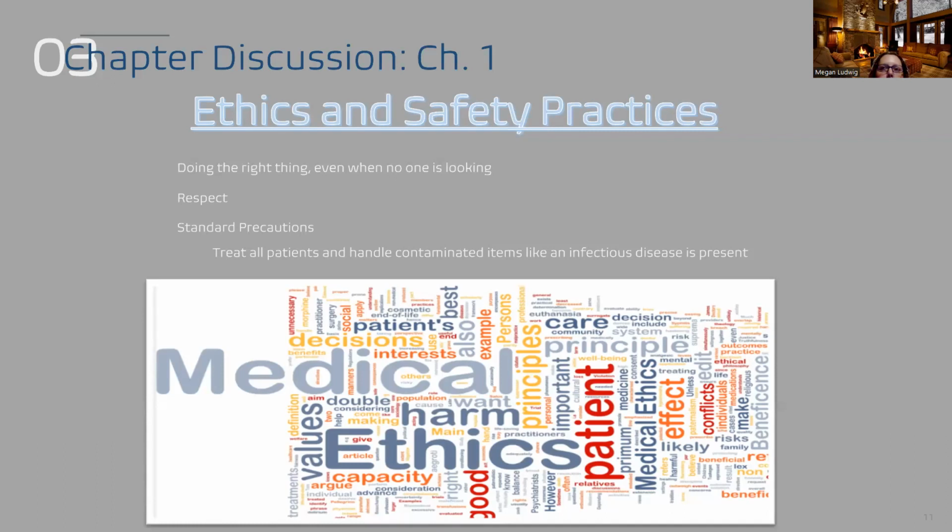They're not up front like the face of the hospital, like nurses and doctors. But without the sterile processing department, the hospital would cease to run. Patients would not be receiving good health care if we did not have a good sterile processing department, because you all are going to be the ones that make sure our patients have clean and sterile items for their procedures, which you cannot put a price on.